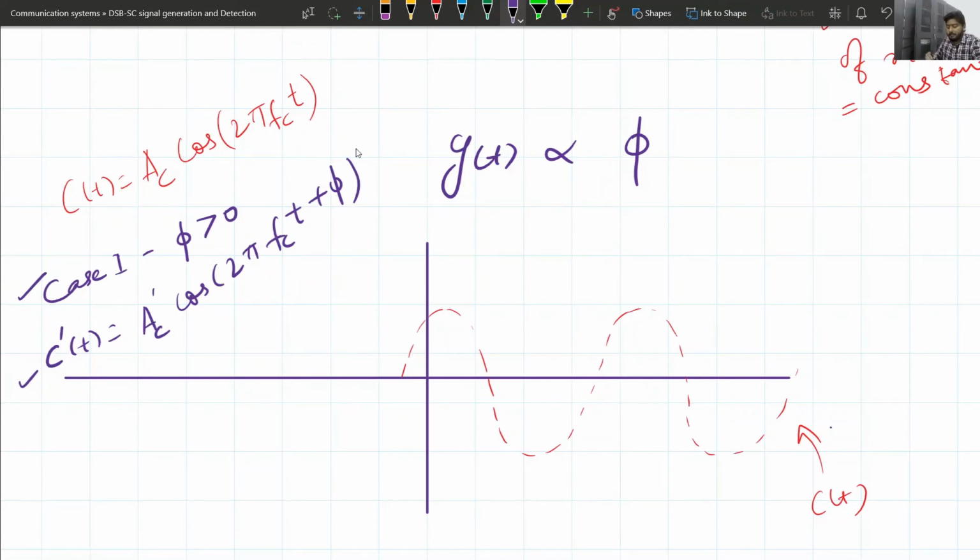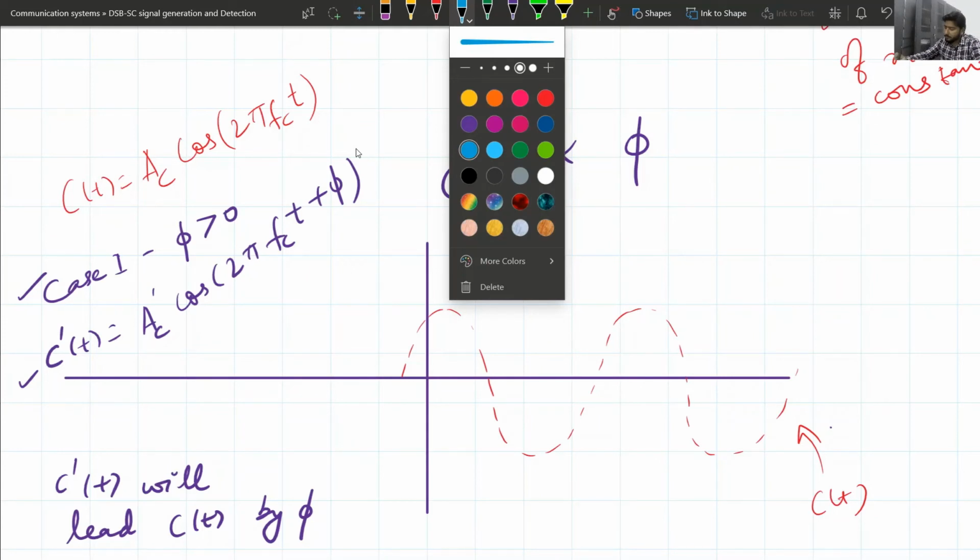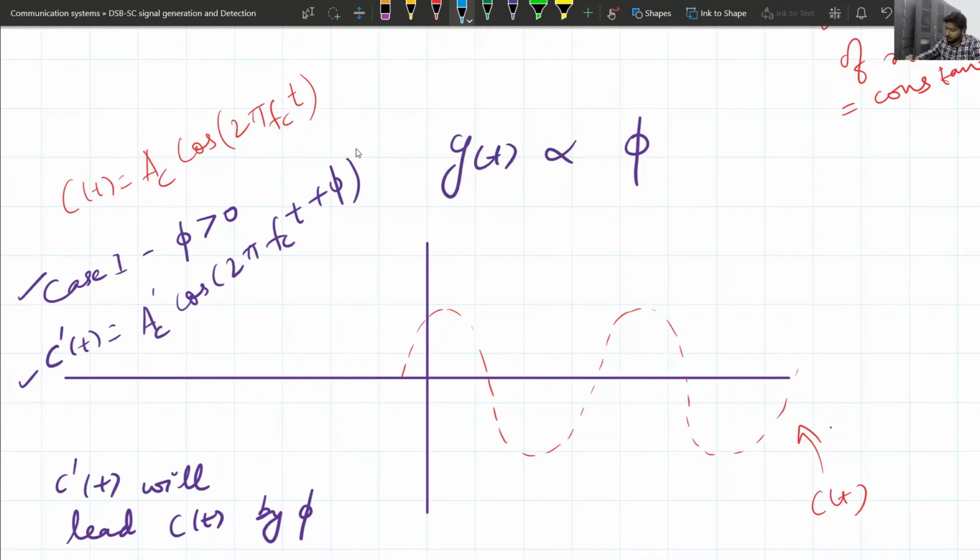In that case, c dash t will lead c(t) by phi radian. Let me draw. This is c dash t.